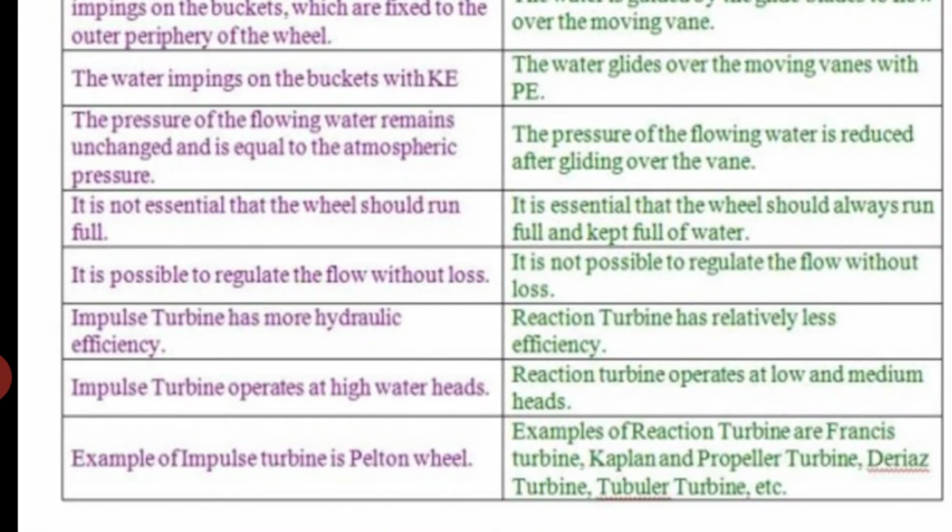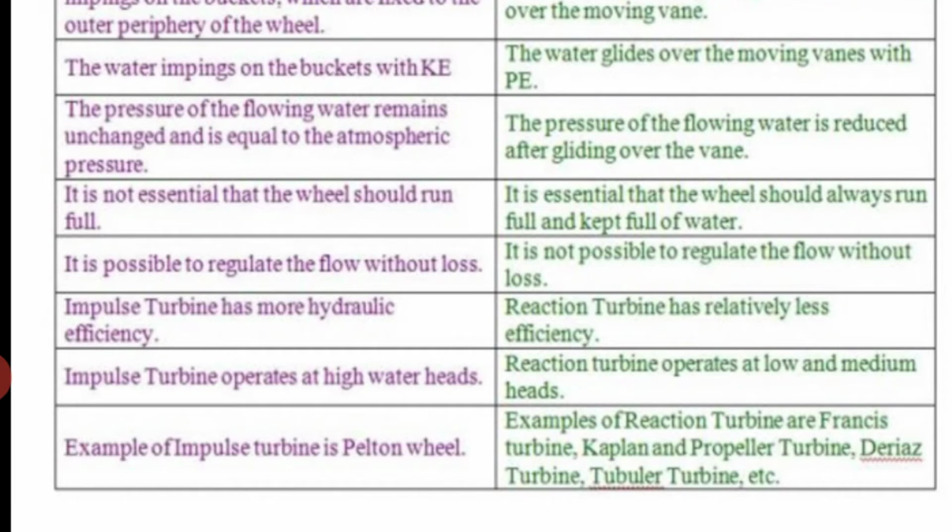Impulse turbines have more hydraulic efficiency, and reaction turbines have relatively less efficiency. Impulse turbines operate at high water heads, whereas reaction turbines operate at low and medium heads. The example of an impulse turbine, as we discussed earlier, is the Pelton wheel.